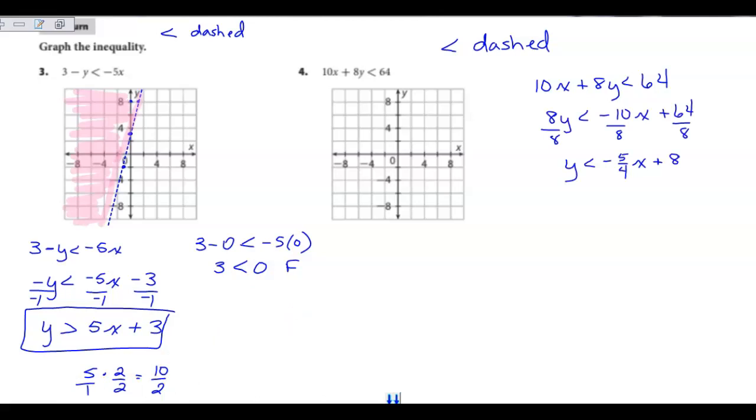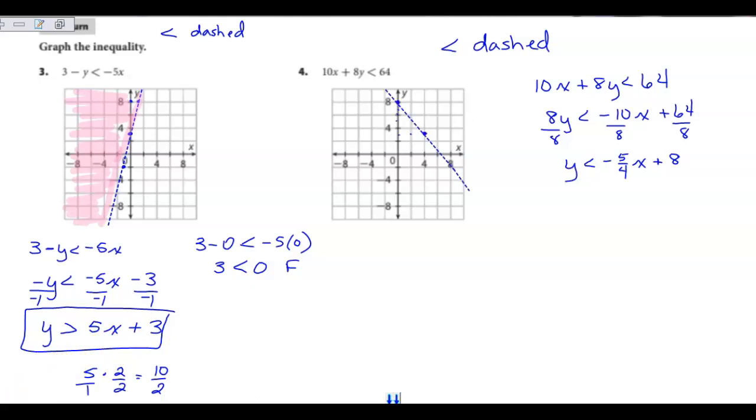When I solve to get y by itself, I get y is less than negative 5/4 x plus 8. So I find my slope, I find my y-intercept, and then I'm going to graph my line. And remember that we said that the line was going to be dashed. So go ahead and do that on your paper.